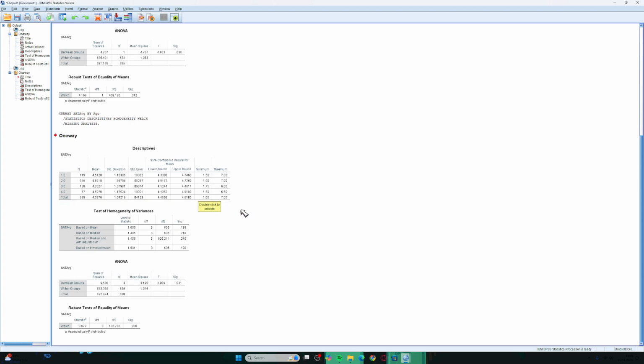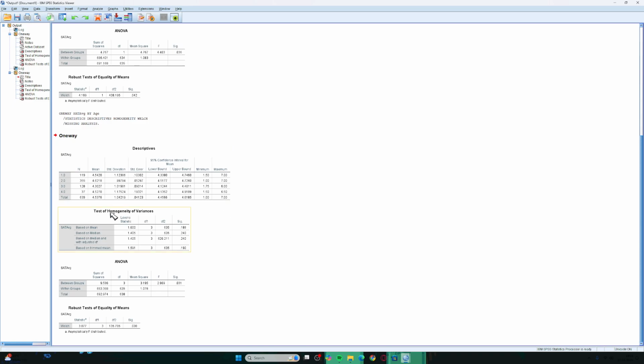This one is for the consumer's age. So, what do we have? We have age group 2, which is 19 to 22, has the highest average satisfaction, while age group 3 has the lowest. That's some notable notes.